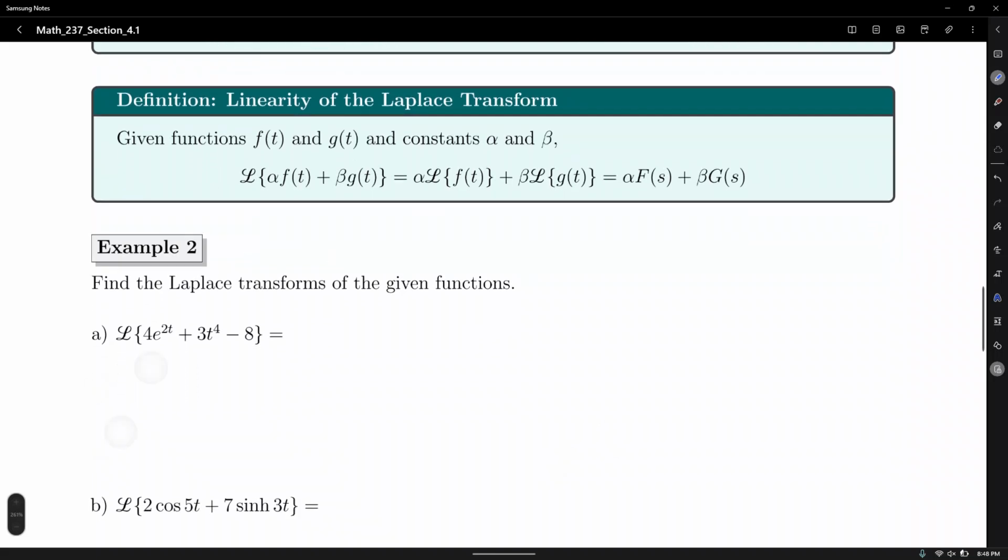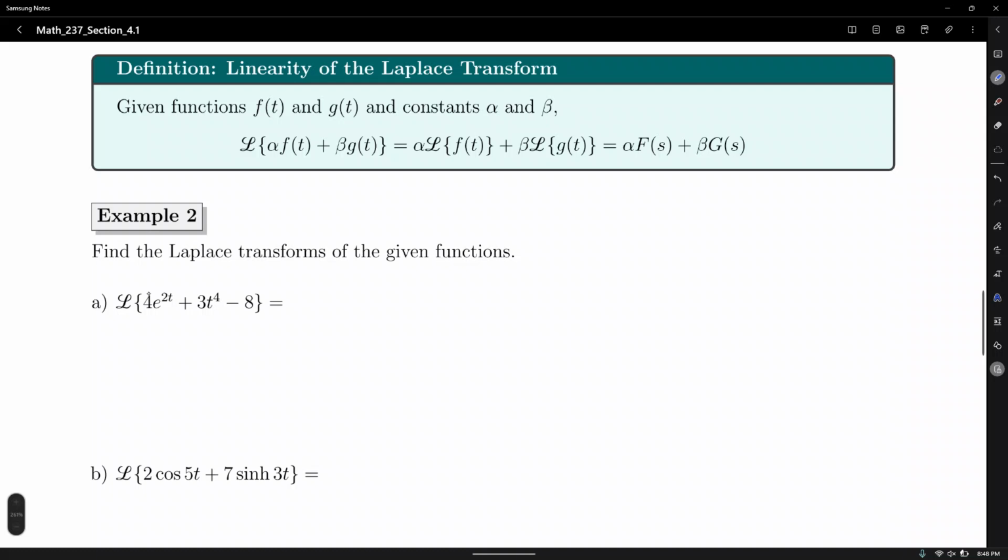Here, let's use the linearity property to write 4 times the Laplace transform of e to the 2t plus 3 times the Laplace transform of t to the 4th power minus 8 times the Laplace transform of 1.